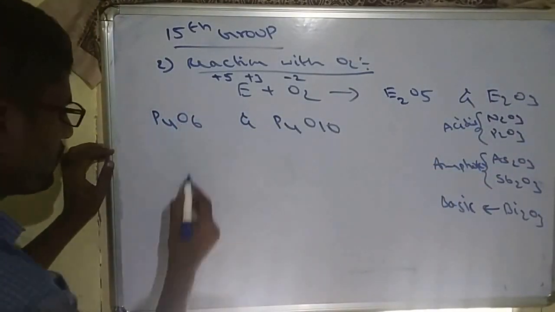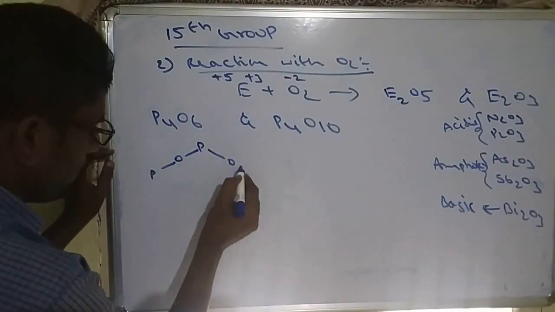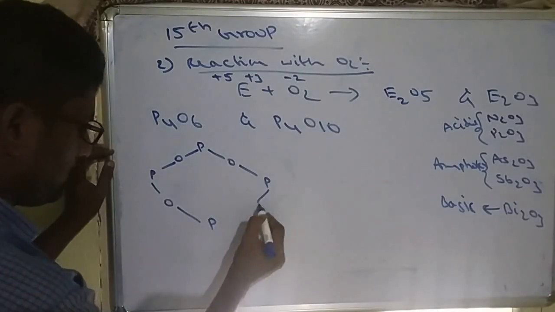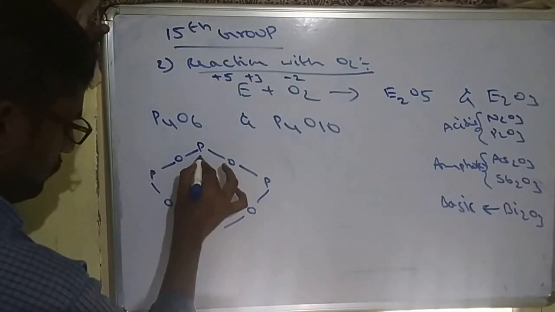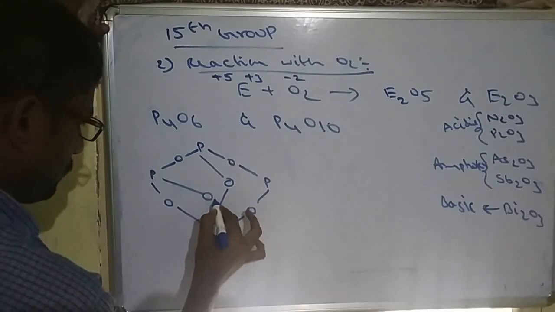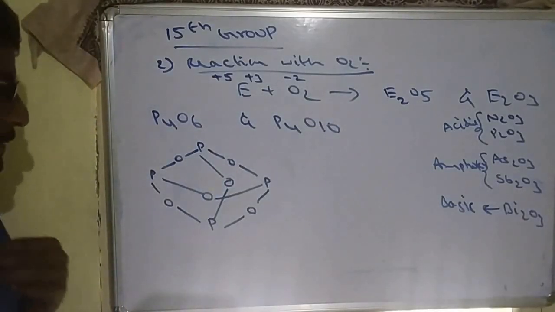So this is P4O6. The structure should be like this. So this is the structure of P4O6.